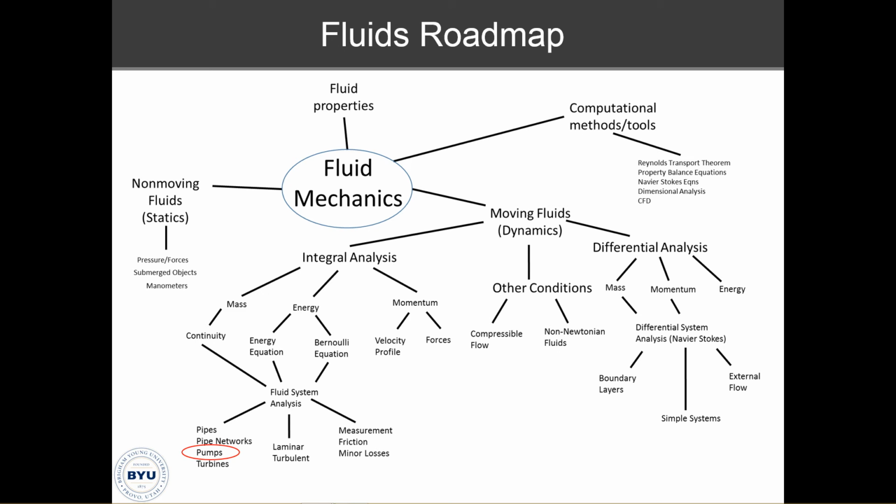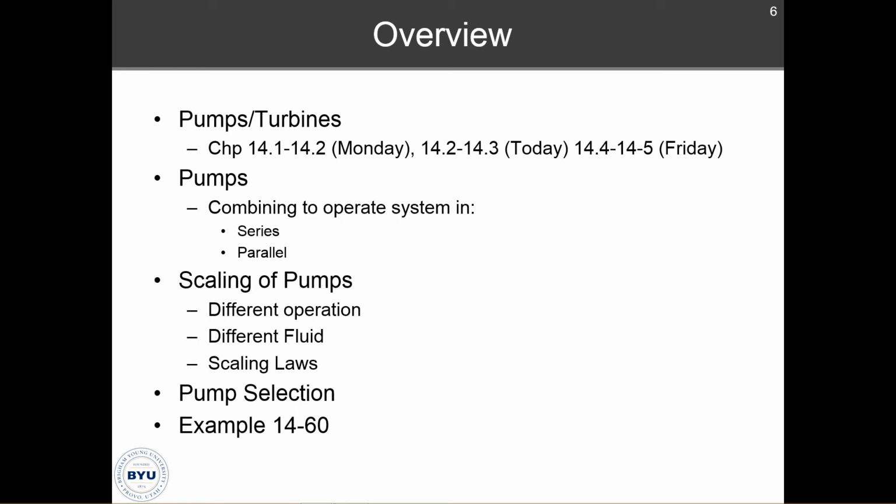Okay? A little bit of a roadmap. Again, we're towards the end of the fluid system analysis. We're looking at pumps we did last time and today, and then next time on Friday when I'm back, we'll be doing turbines or turbines, depending on how proper you feel like being. Okay? So today, we talked last time about pumps in general and how they can work in a system.